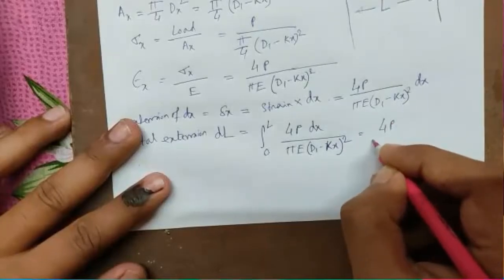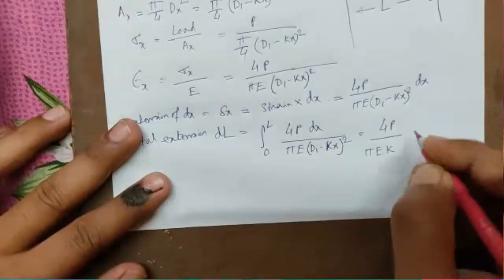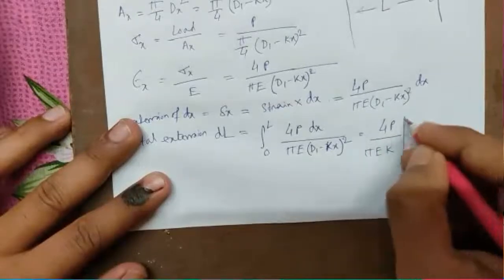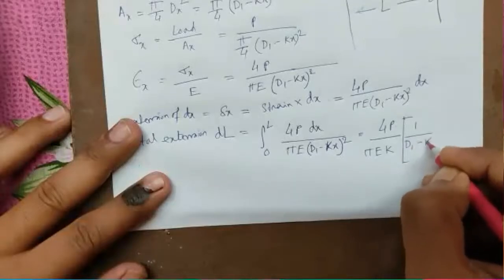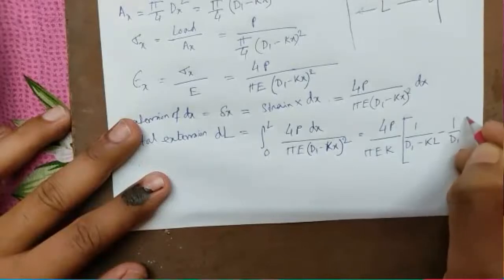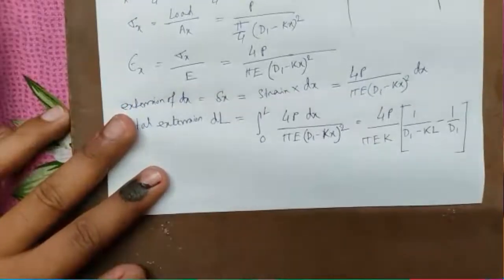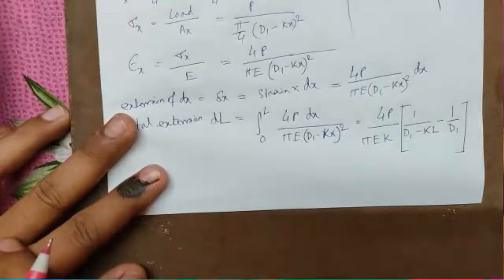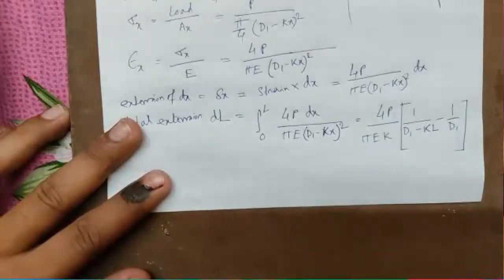4p by pi e k into 1 by (d1 minus kl) minus 1 by d1. Okay, I am not doing the integration in the class because we have very little time, and you can do the integration by yourself. Now when we get this value, there is k.